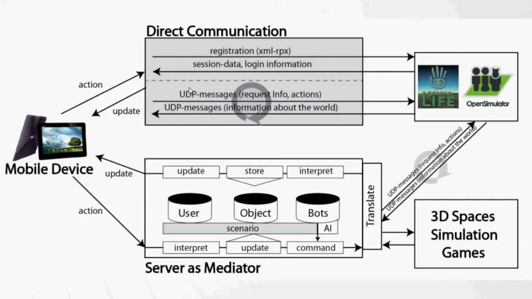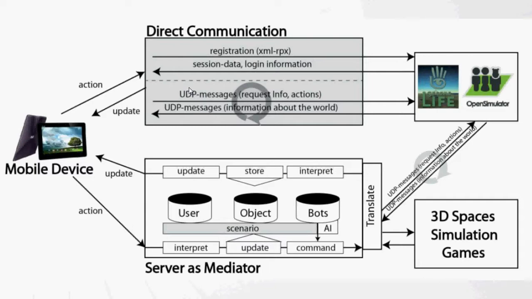On the other side, we have the server as a mediator. So the server could be on the mobile device, and that's actually good to have if you are connecting directly with a virtual world. On the other side, you want to have a link between multiple users being in the environment at the same time.